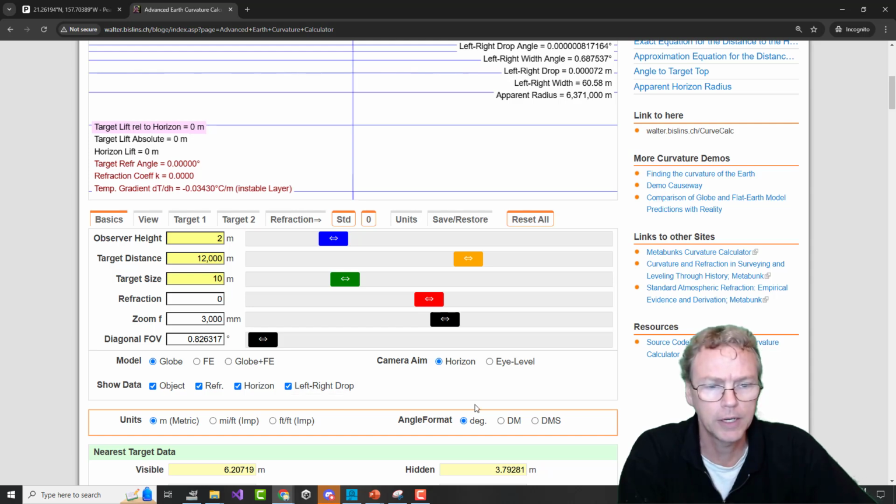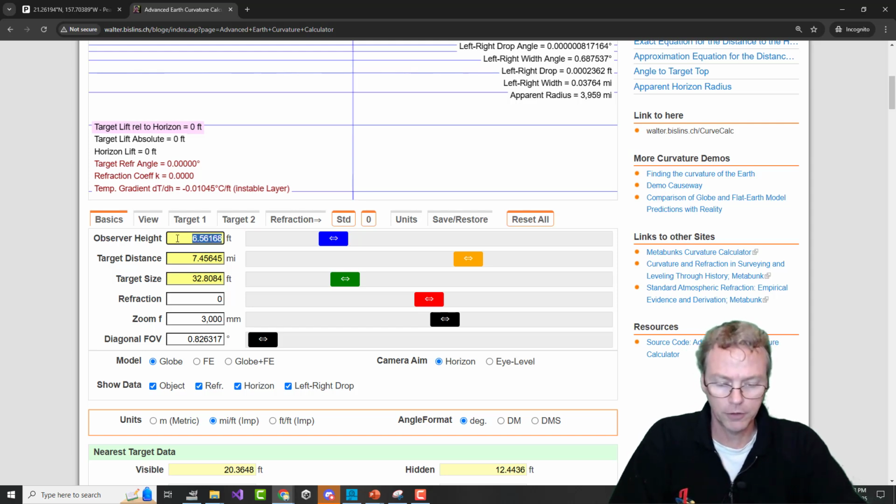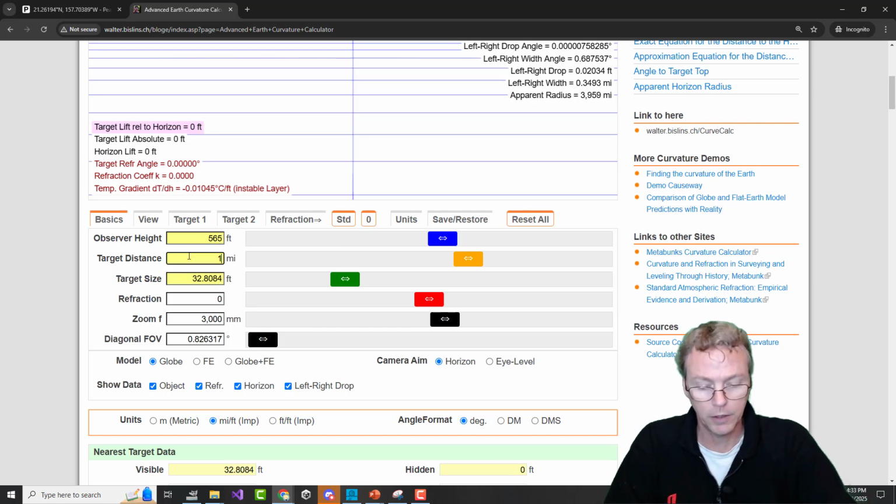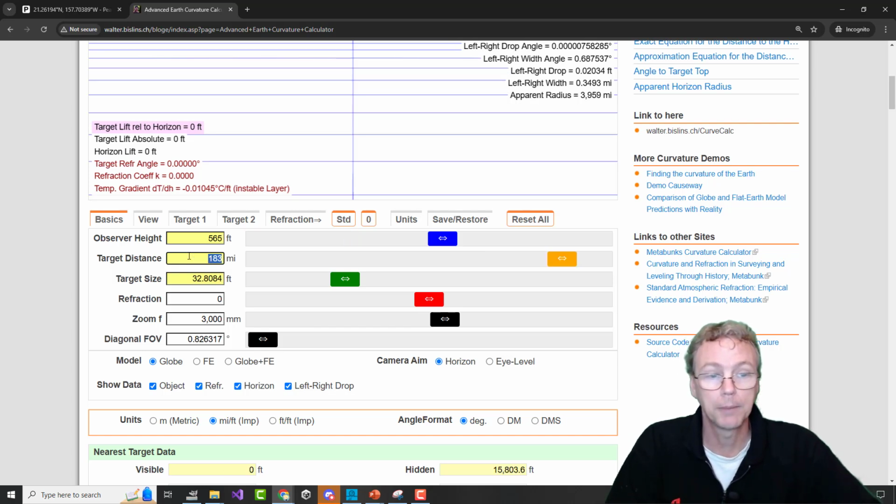First off, I want to put it into miles and feet. Our observer was 565 feet, looking at a distance 183 miles away. And for refraction, let's start with zero. Zero refraction. This is the hidden amount, and it's very similar to what we saw before, 15,800.